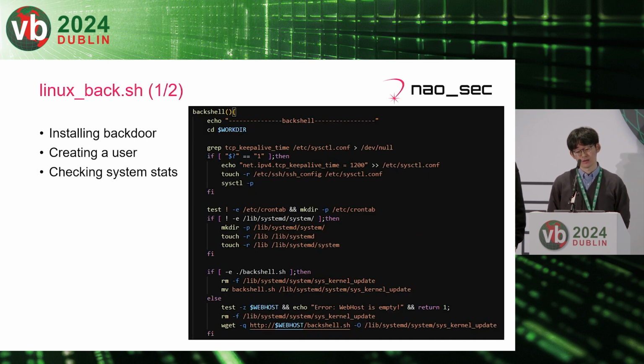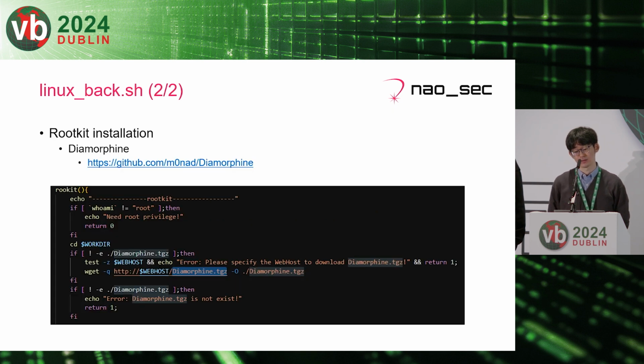Linux back.sh is a script for backdoors and persistence. It downloads and executes a backdoor shell script from the server and creates backdoor users. Interestingly, they installed a rootkit called Diamorphine, which is available on GitHub.